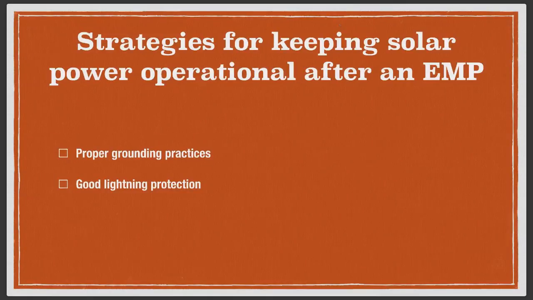For instance, if it's a weak EMP, or if you're on the outer fringes of it, or if it's an EMP that is caused by extreme space weather like a geomagnetic storm. In those cases, I think what we're about to look at could actually help, potentially. Could actually save your equipment, maybe.